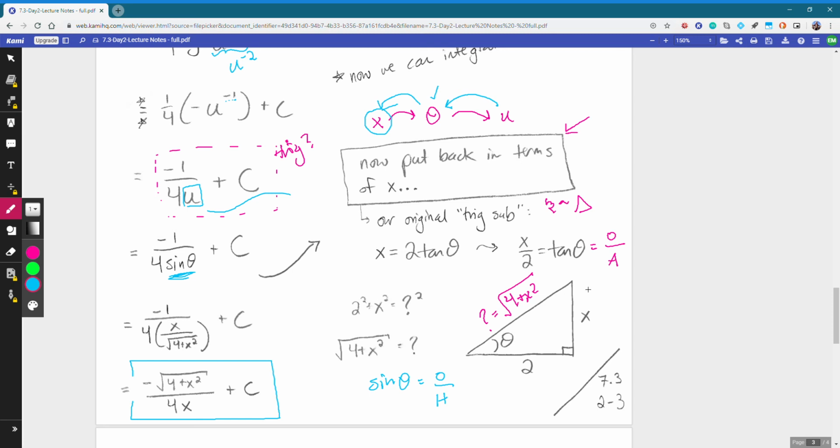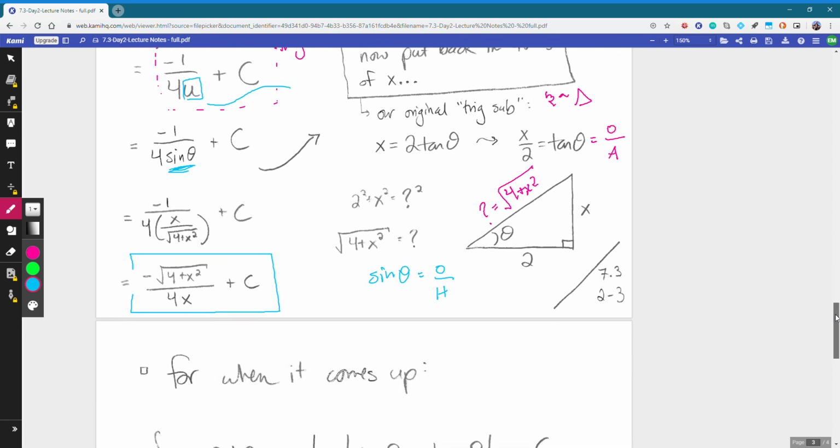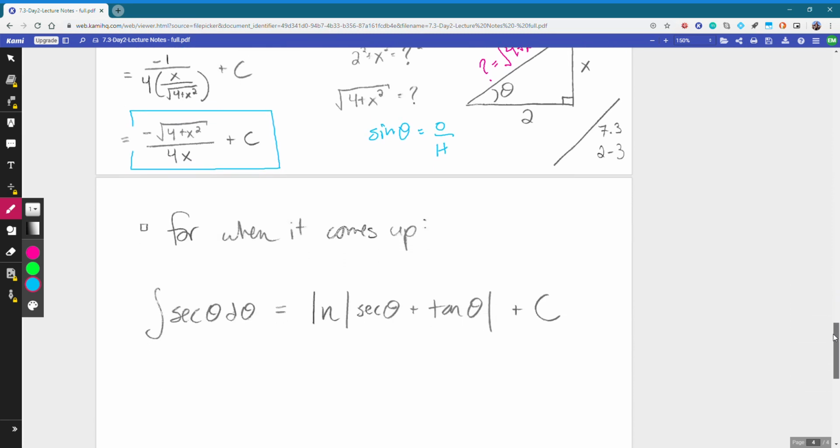Well, nice work working through that. I just wanted to leave us with one last note for today. A helpful thing to know are the antiderivatives of secant. Sometimes through this work, this is what we're left with integrating. And this is not a function that we've actually talked about this formula for.